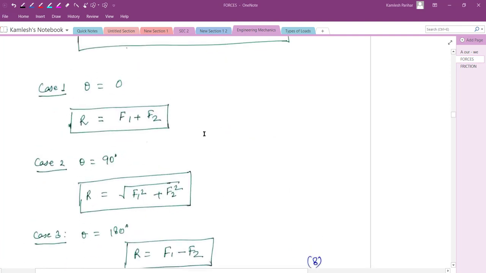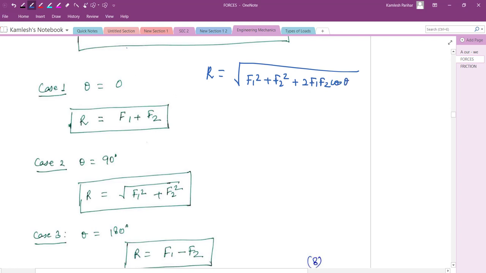So this formula of R we know. Now we are going to discuss a few cases. What we know is that resultant R equals under root of F1 square plus F2 square plus 2 F1 F2 cos theta.